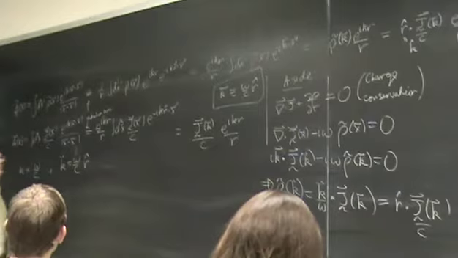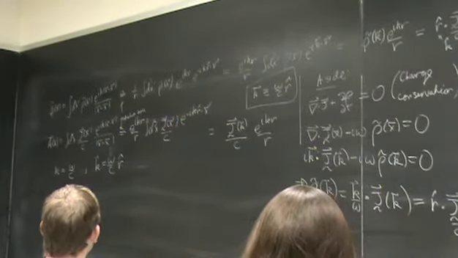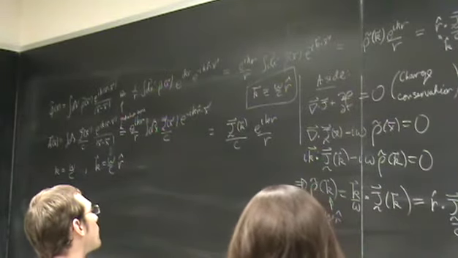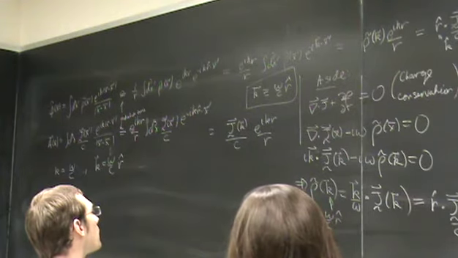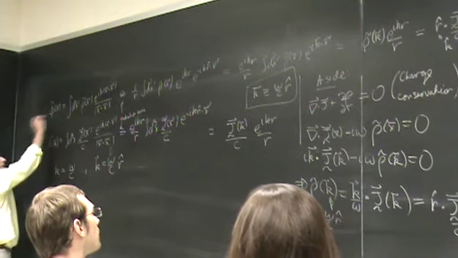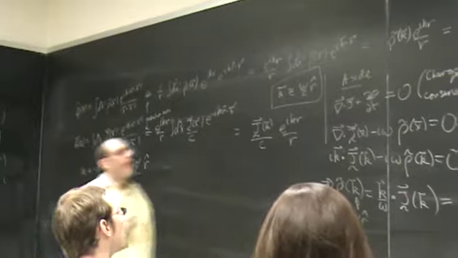So the longitudinal part of J gives rise to the scalar potential.